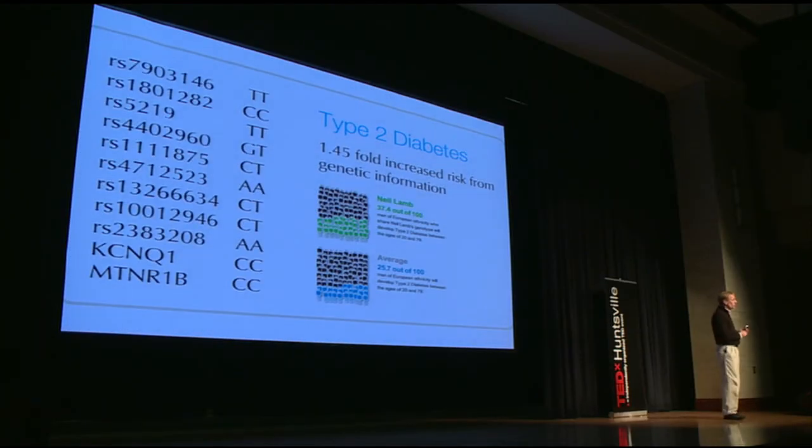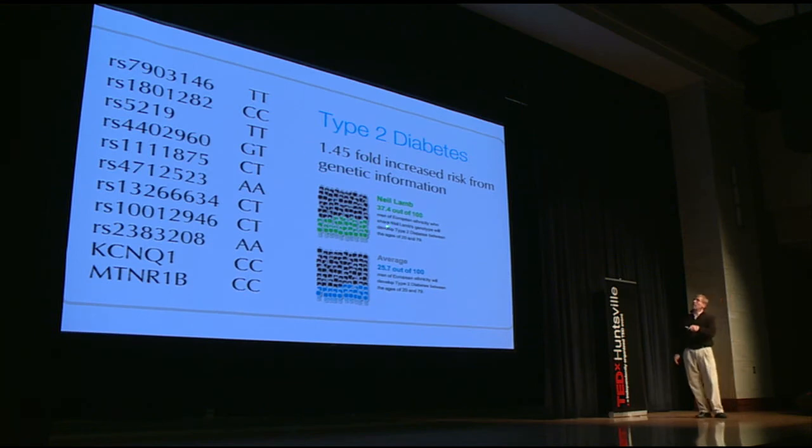Type 2 diabetes risk. Now, let me show you. Men of European ethnicity, as am I, on average, about 26 out of 100 will develop type 2 diabetes. These are 11 regions of the genome that science has shown us play a role in the development of type 2 diabetes. And based on my specific inherited variants, I have an almost 1.5-fold increase.